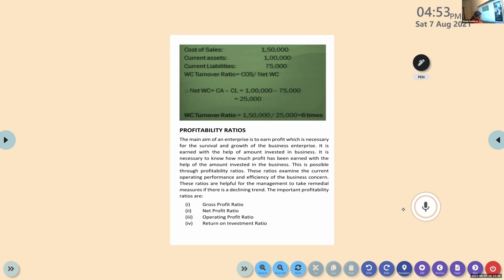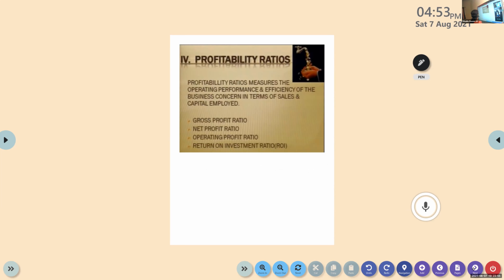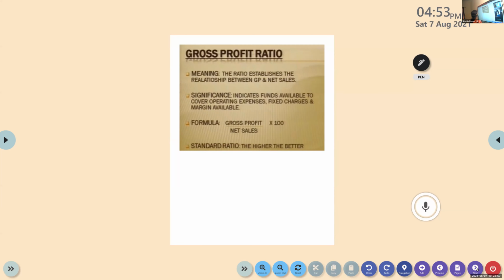Now let us see about gross profit. Where do you find the gross profit? From the trading account. It is from the trading account that you get gross profit. So the gross profit ratio establishes the relationship between gross profit and net sales.